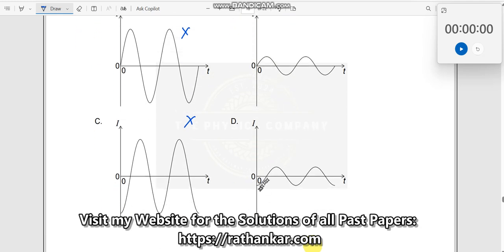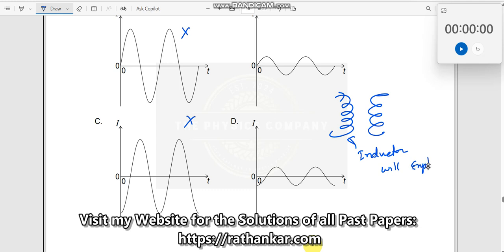To understand this, you need to know that we are talking about a transformer, right? A transformer has coils like this. When a current passes through a coil, this coil, sometimes also called an inductor, will experience a phase change, and we say the current will lag behind.